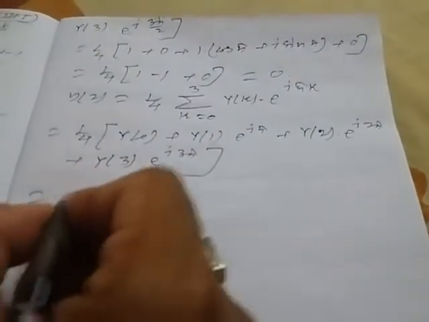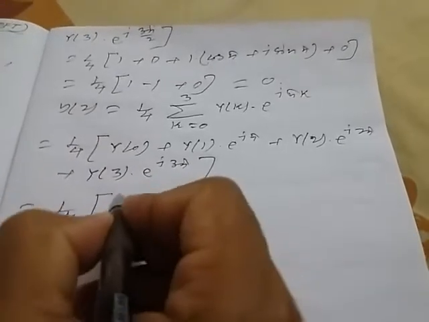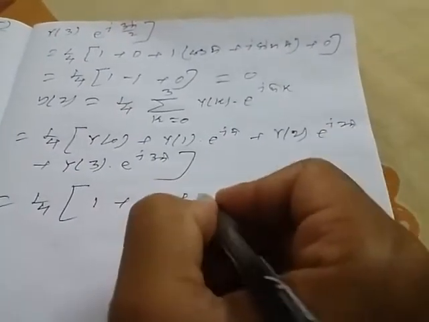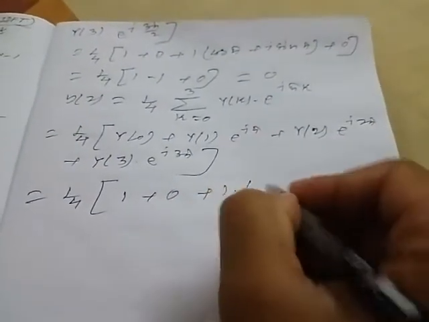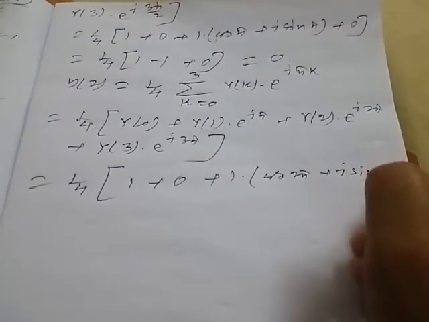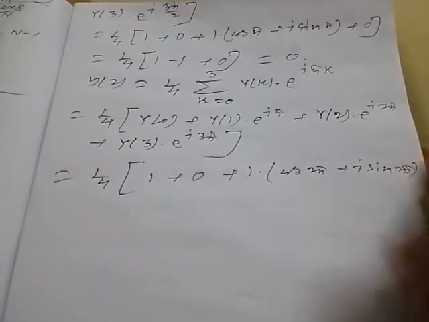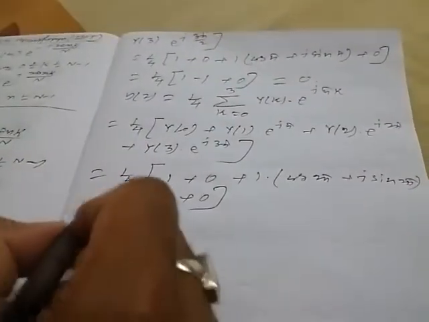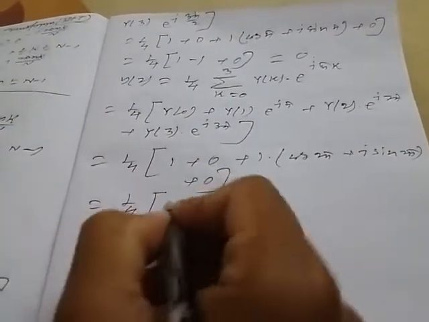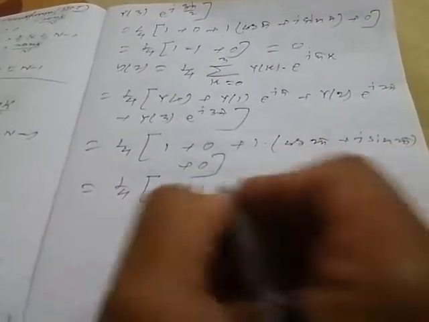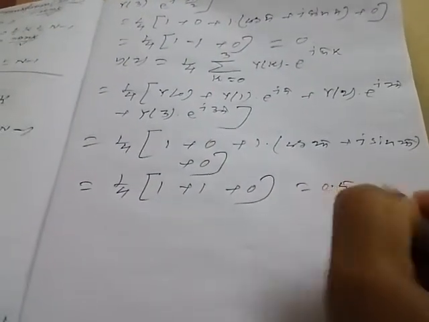Now we put the values, Y0 equal to 1, Y1 equal to 0 and Y2 is 1, which gives cos 2 pi plus j sin 2 pi, and Y3 equal to 0. So 1 by 4 times 1, cos 2 pi is also 1 and sin 2 pi is 0, so this will be equal to 0.5.